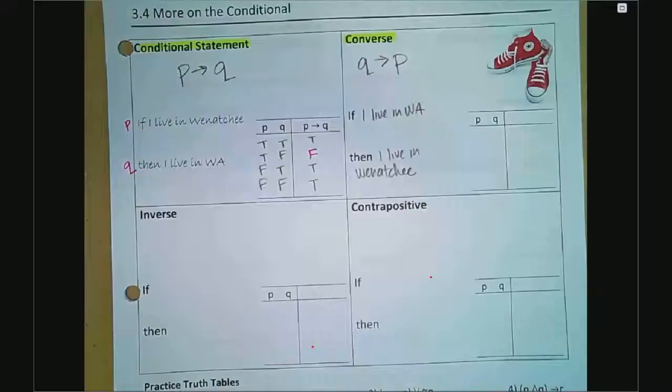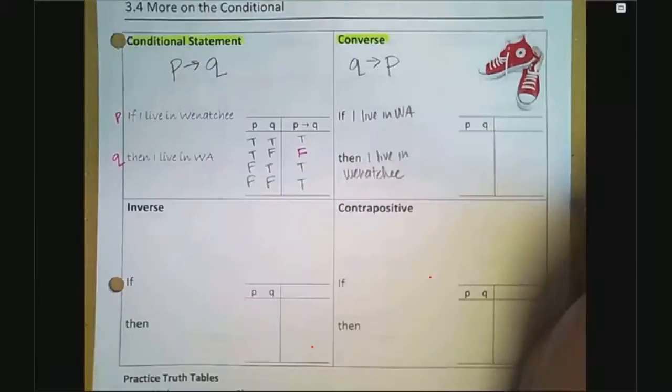We can do a truth table for this. Q implies P. Now we're looking at it going backwards. Q implies P will only be false if Q is true and P is false. If you want to list these out, that's fine.